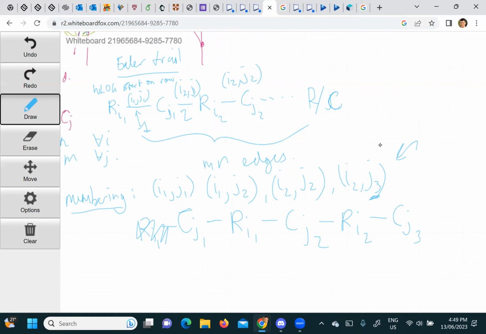You can get an Euler trail, but you don't know if it's in order of the numbers. What do you mean? Don't you number each edge in order?